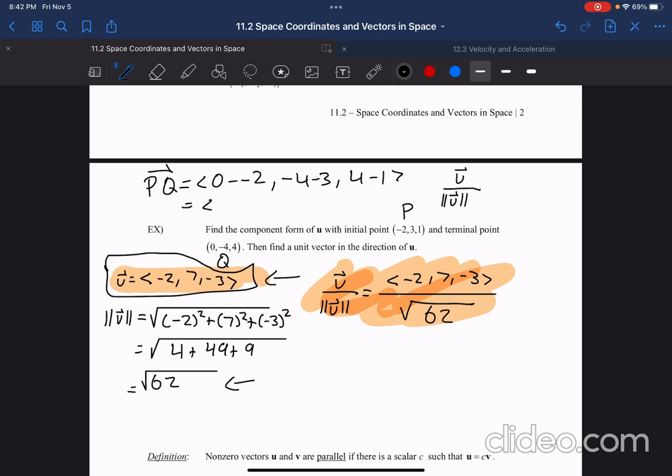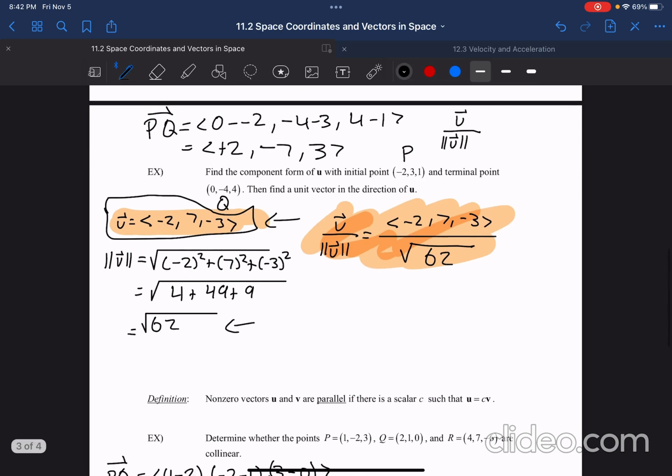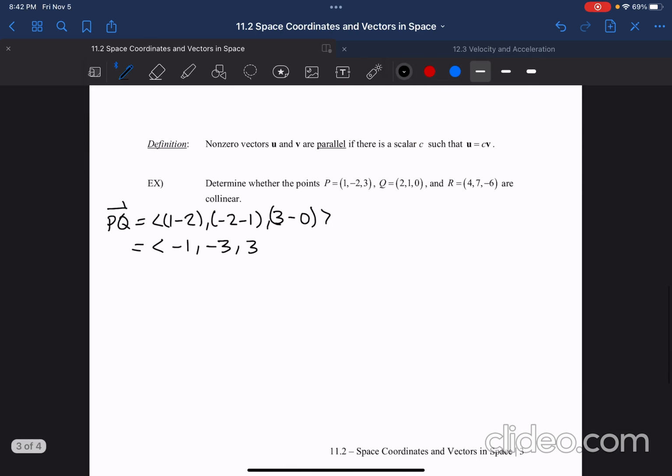So it's just going to turn out to be plus 2, minus 7, and 3. Yep. And then you're going to end up with the same answer, but I just wanted to clarify that it would be Q minus P and not P minus Q.